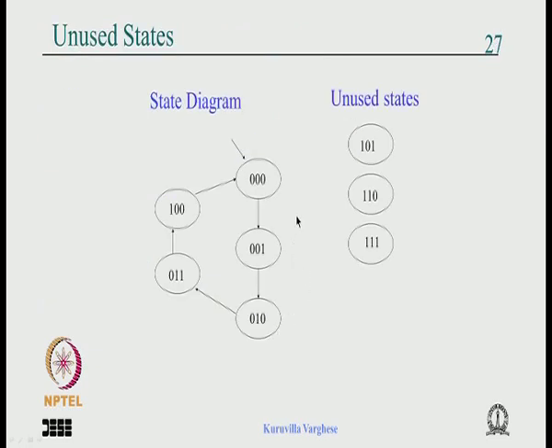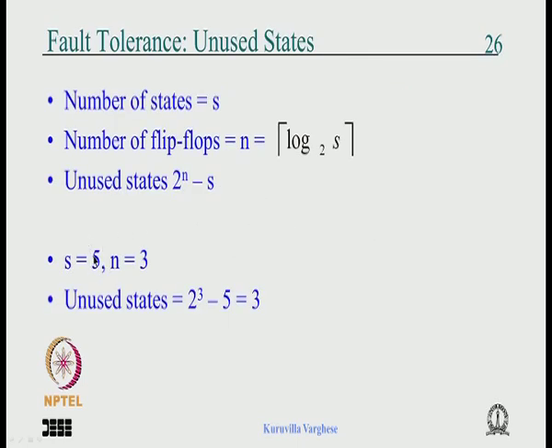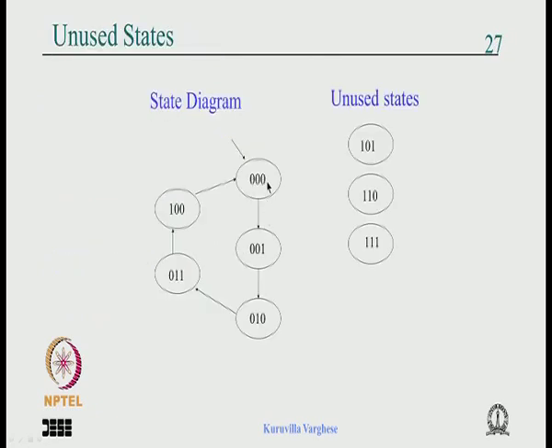Here I am showing an example of 5 states. So we have 3 unused states, and assume that we have done a sequential state assignment. It's a very simple state diagram, and in most cases there could be simple state diagrams like that.